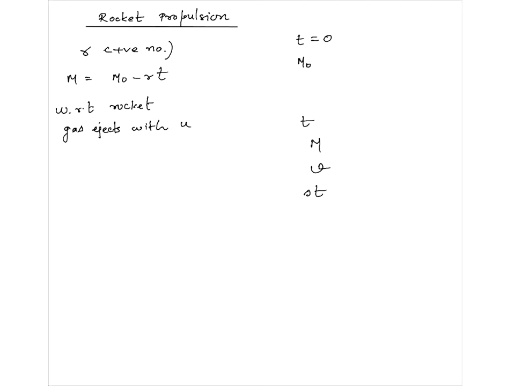So let's say in delta t time some gas comes out, and when gas comes out, it will impart some momentum to the rocket. So some mass is lost and some speed is gained. Let me say delta m is the mass lost.